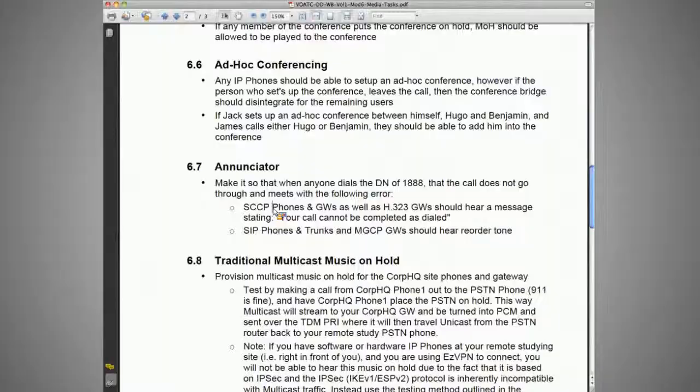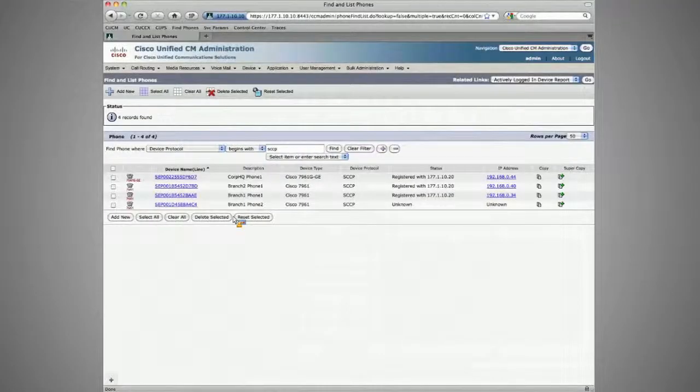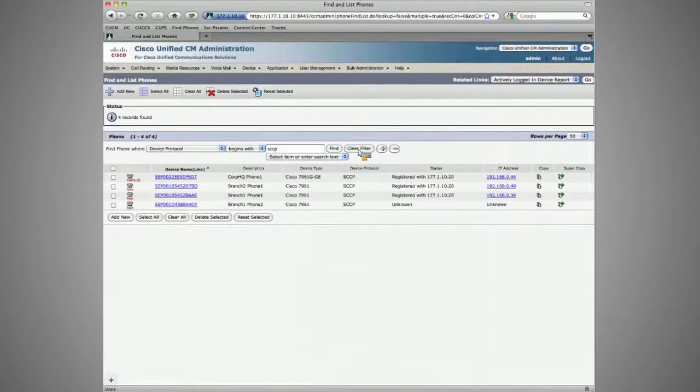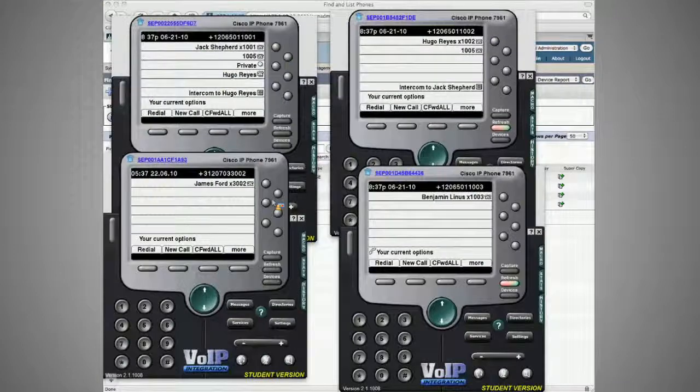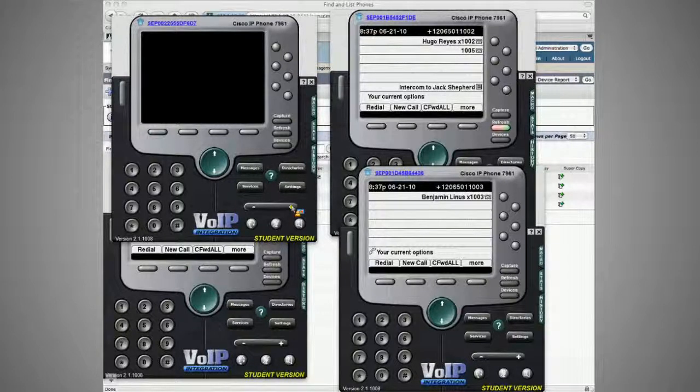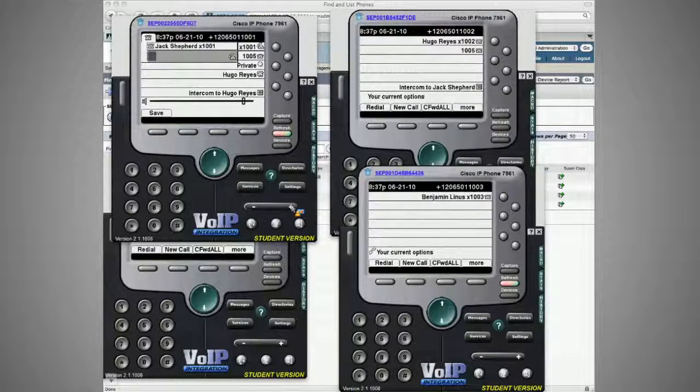First of all, we need to find a way so that any number that is not functioning meets with the proper tone. On RTMT, let's bring up our phones. Let's just say Jack tries to call, and I'll bring the volume up here so you can hear it. Let's say he tries to call 5995.